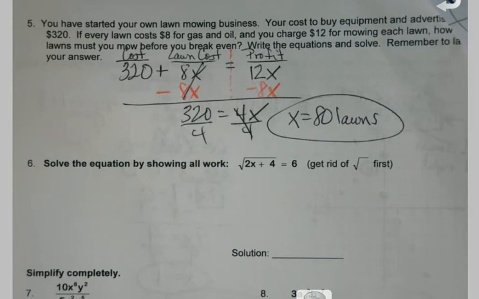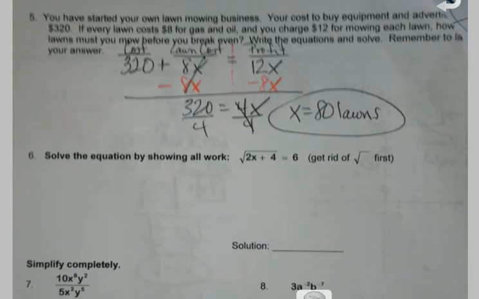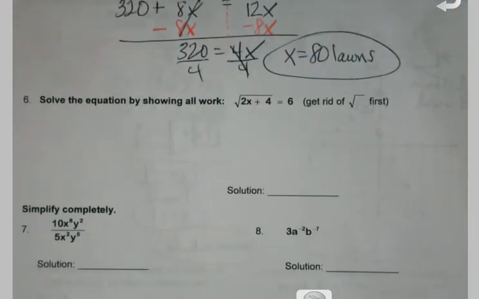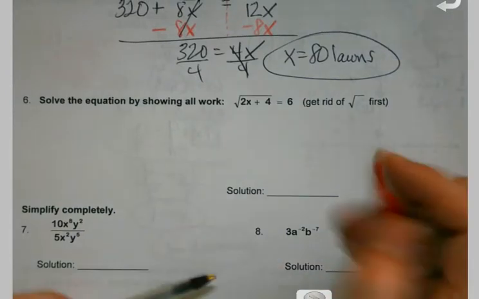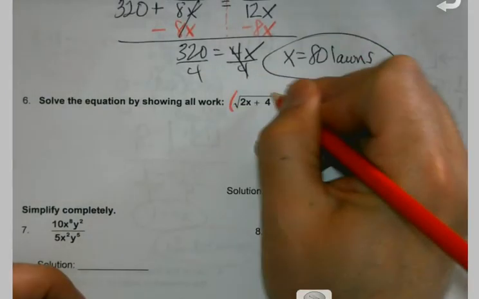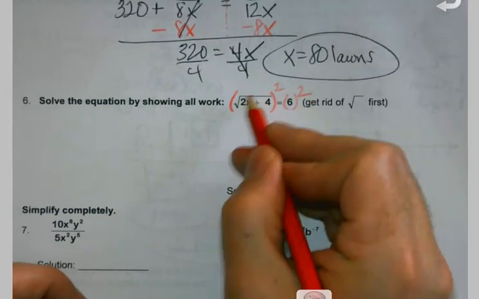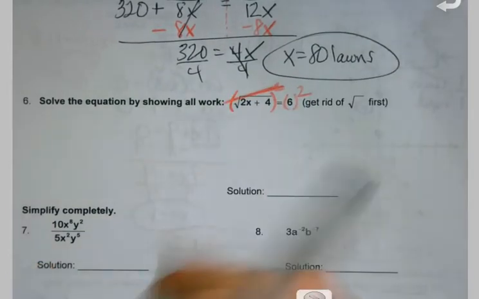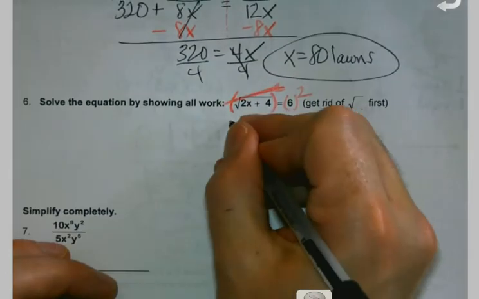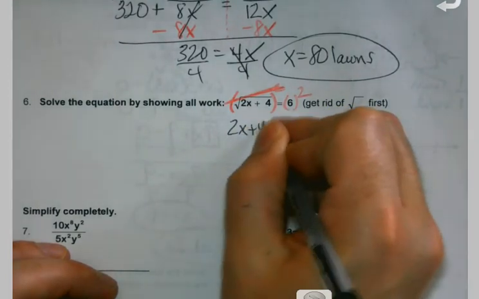But yeah, there will be some things with break even or just kind of setting up. Again, we did a little bit of that before too. Now this next one, this is the newest stuff. On both sides, once I see that radical, I'm going to use the squared to get rid of it on this side. But again, whatever I do to one side, I have to do to both, just like with any equation.